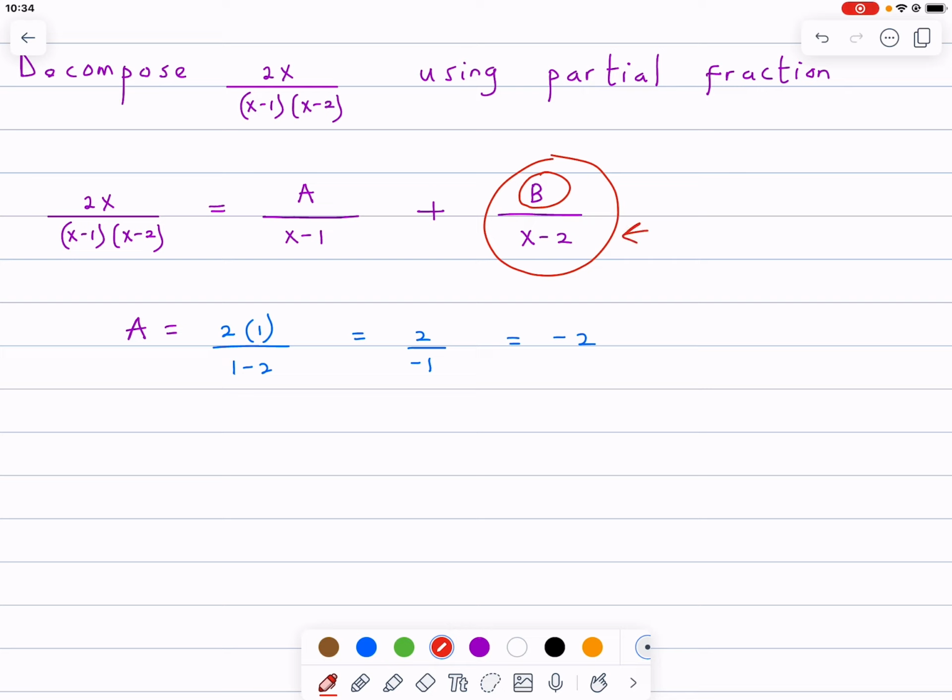So now I will come to my original expression and plug in 2 into the other part, just this part. That's going to be my b. So my b is just going to be, I plug in 2 into that. So I have 2 minus 1. This is going to be 4 over 1. This is 4, right? So I found my a and my b.